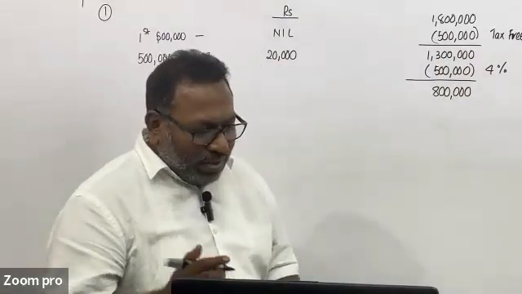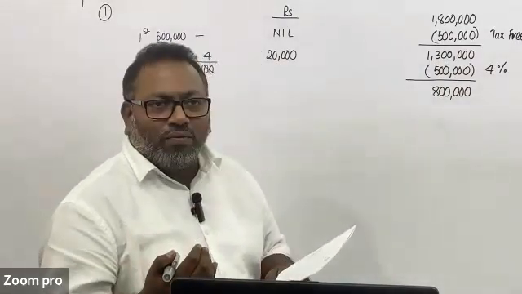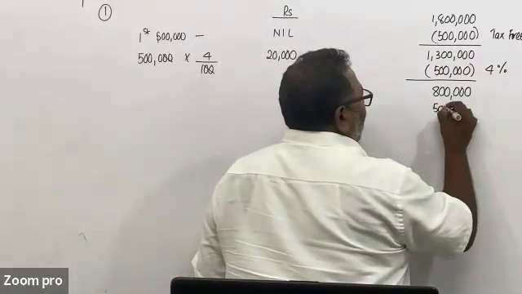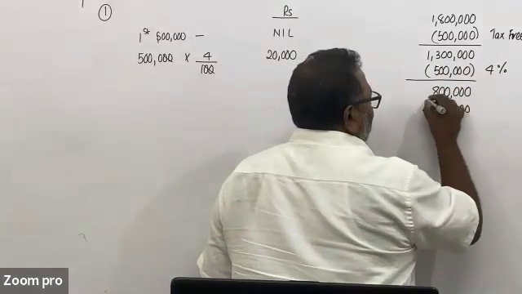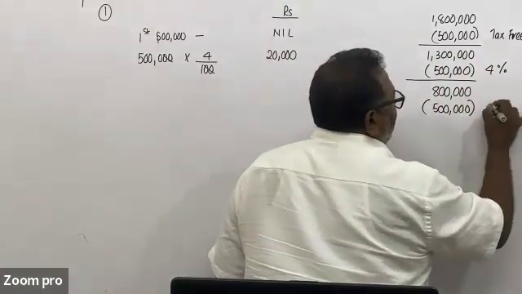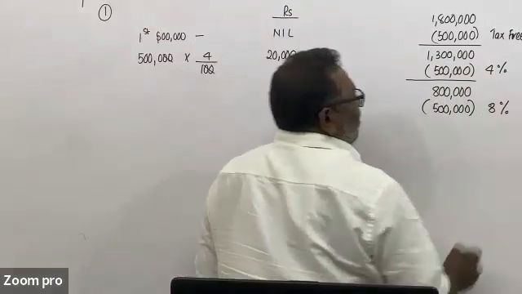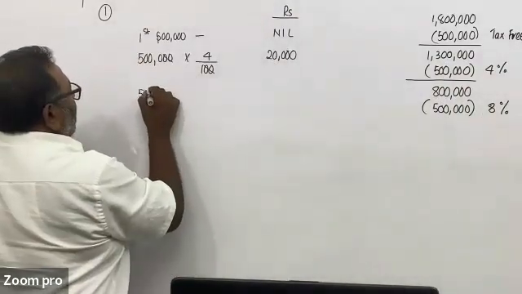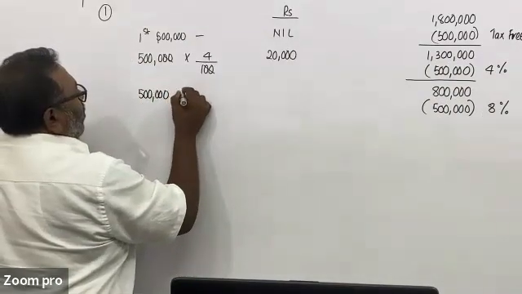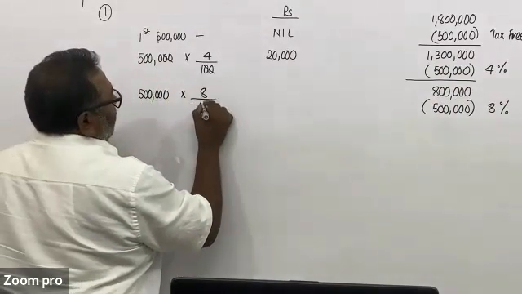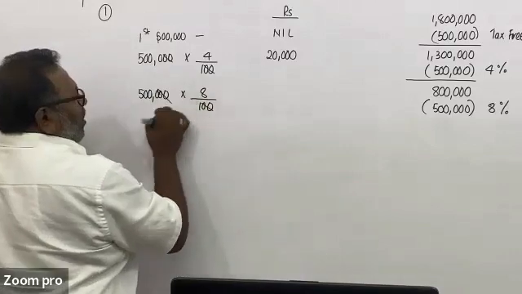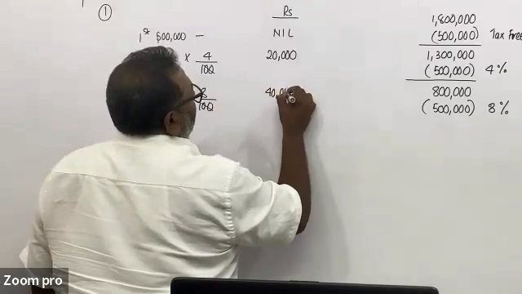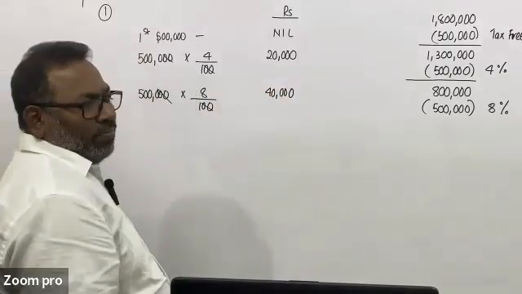Then they are saying the next 500,000 after the 4% is 8%. So you subtract 500,000 from this. So for this 500,000, you are paying income tax of 8%, right? So 500,000 into 8%, two zeros cancel, 5,000 into 8, that is 40,000.